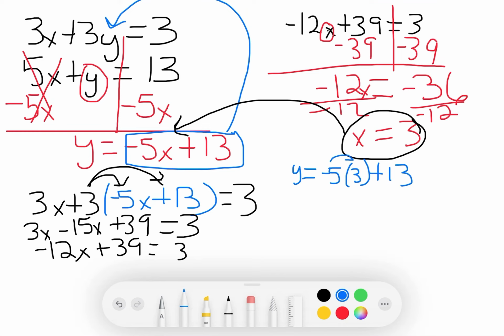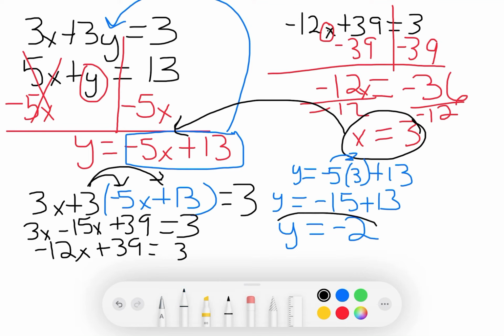I distribute negative 15 plus 13 equals y. Y equals negative 2.